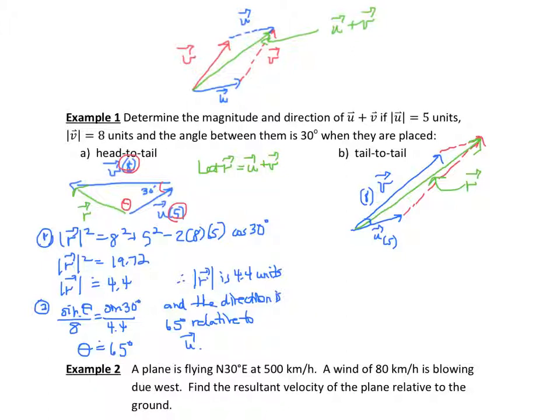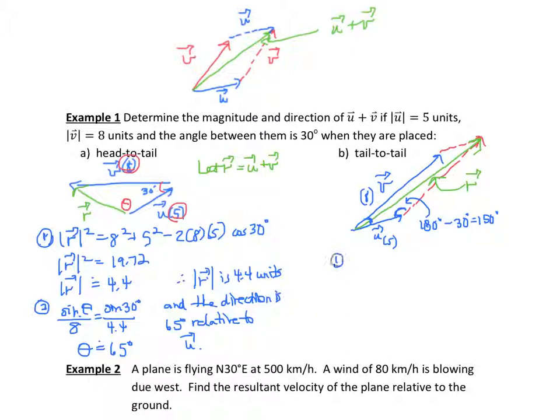So therefore we know in a parallelogram these interior angles add up to 180. Those are supplementary angles. So that will help us find the measure of this angle here, which would be 180 minus 30, so 150 degrees.